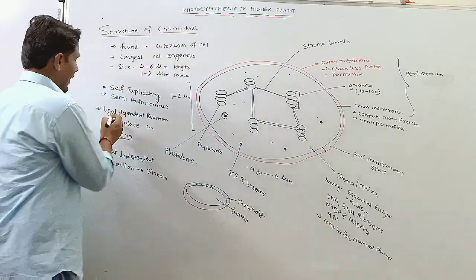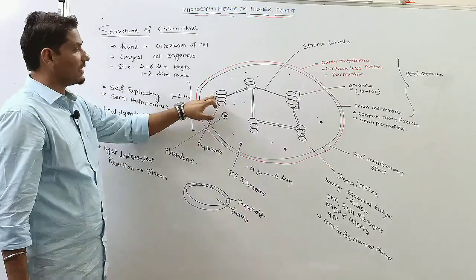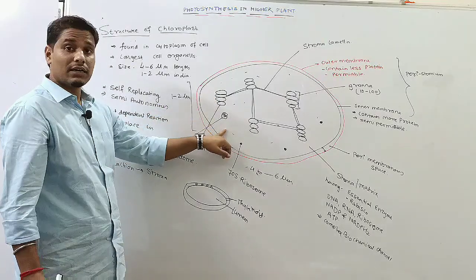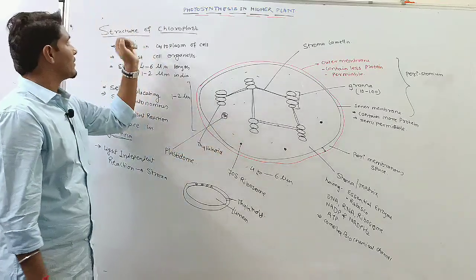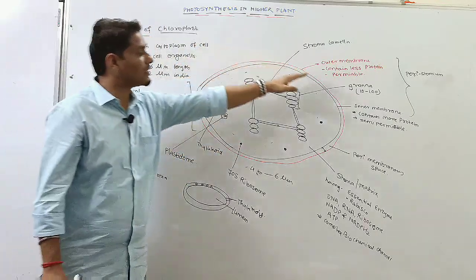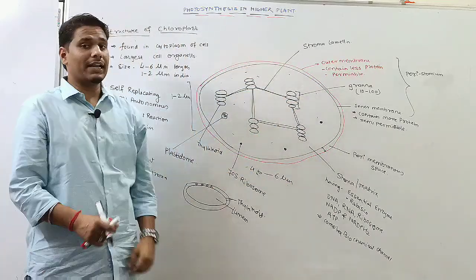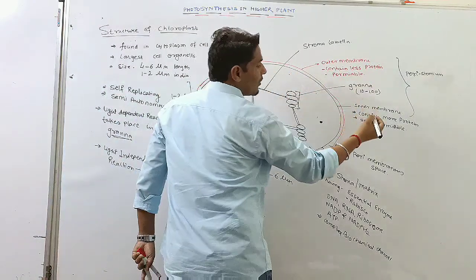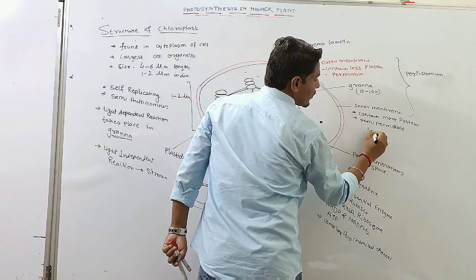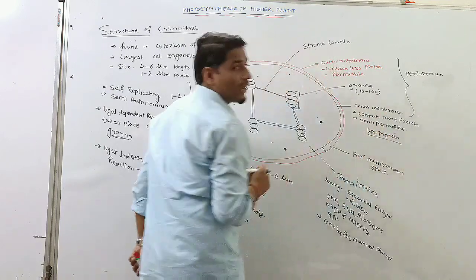Okay, so light reaction or light dependent reaction takes place in the grana, whereas light independent reaction takes place in the stroma. So this is chloroplast. Chloroplast is a double membranous structure. Okay, and both membranes are made up of lipoprotein. Okay, किससे बने हुए हैं? लिपोप्रोटीन से बने हुए हैं.